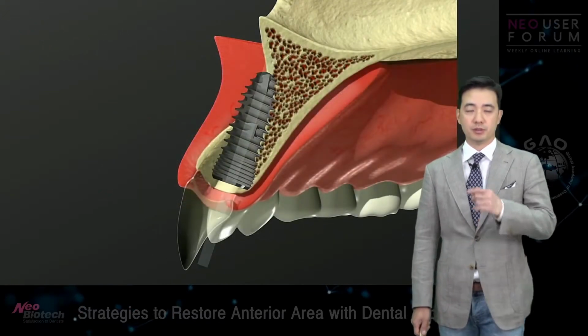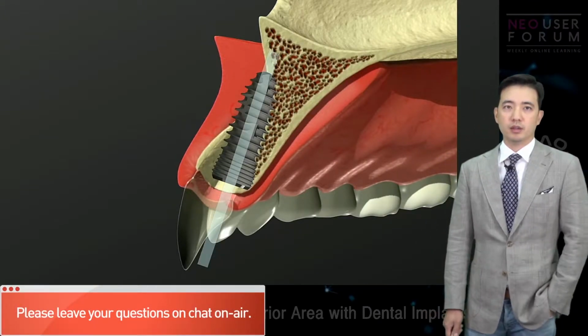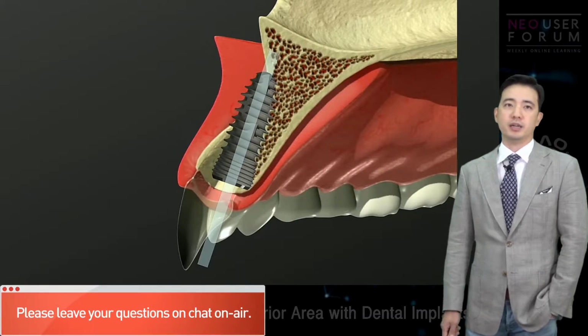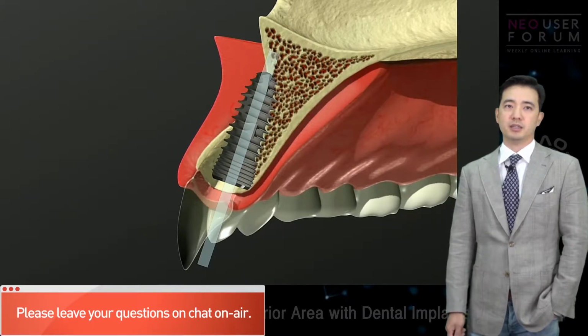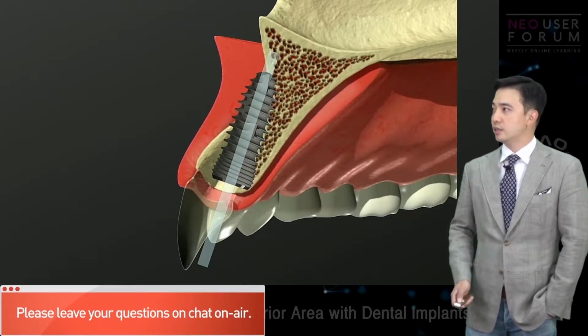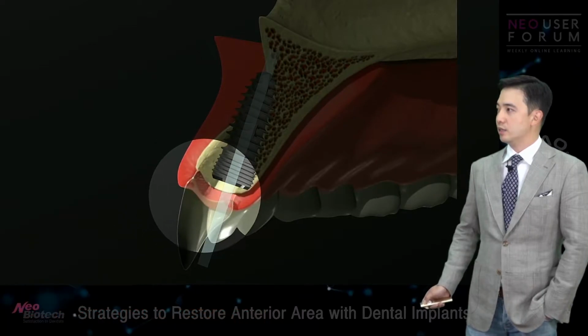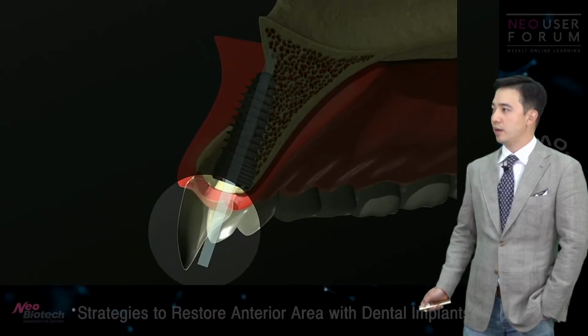So for example, let's take the positioning of an implant for maxillary central incisors in this condition. As I just talked about, we want our screw hole to come out of the cingulum.